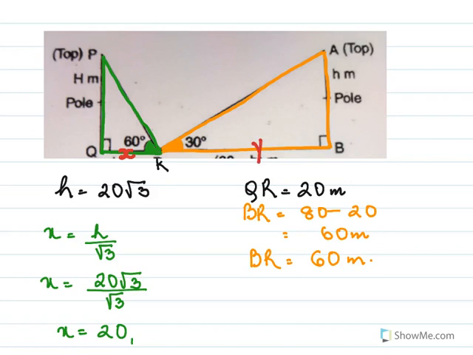And that whole road, which was 80 meters, this whole thing was 80 meters. Then we did 80 equals x plus y. We worked the sum and we got it.